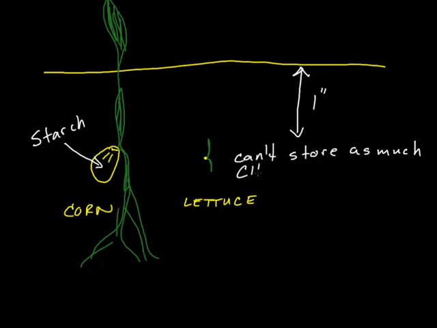It can't store as much CHO, carbohydrates, as corn, not nearly as much. And so it's not going to be able to grow a shoot as long or a root as long as this corn seedling before it has to have light to photosynthesize to make more carbohydrates. And so if this lettuce seed were to just germinate being an inch deep in the soil, it's going to run out of gas, so to speak.